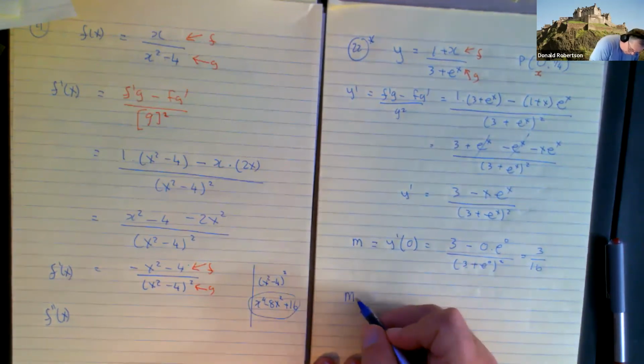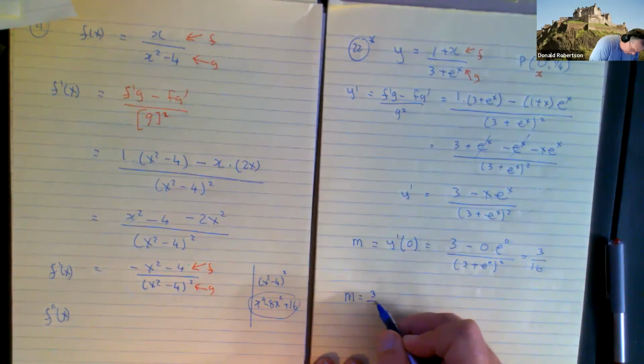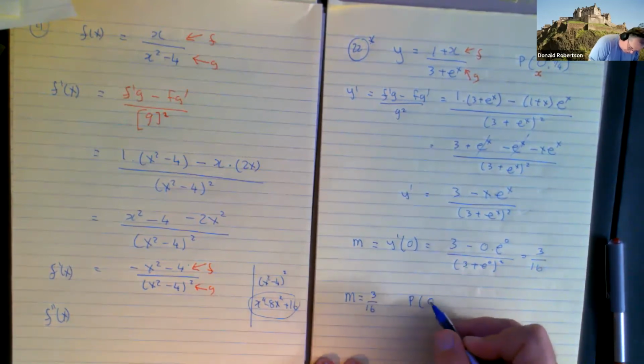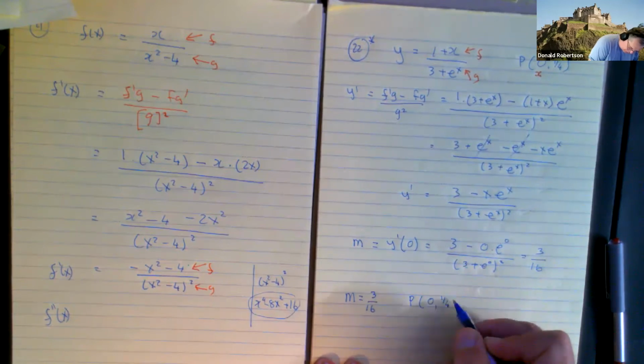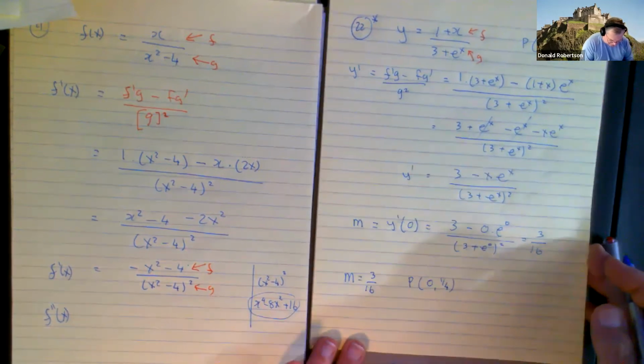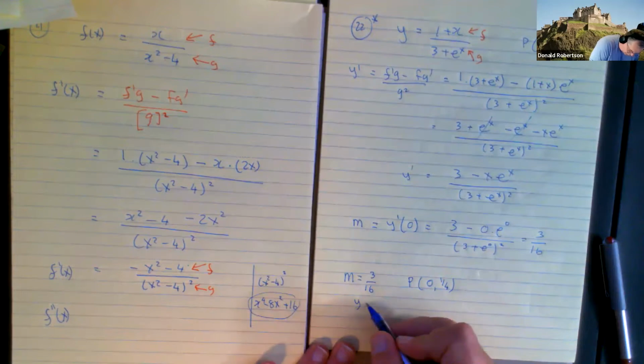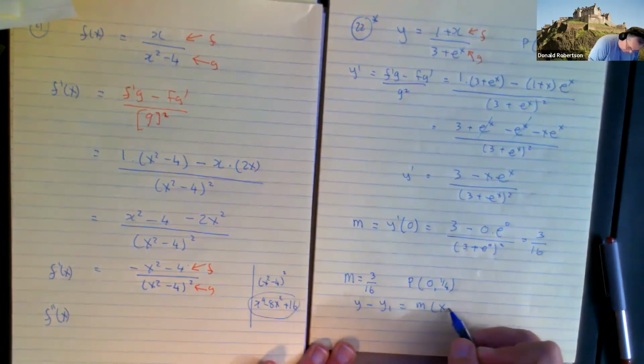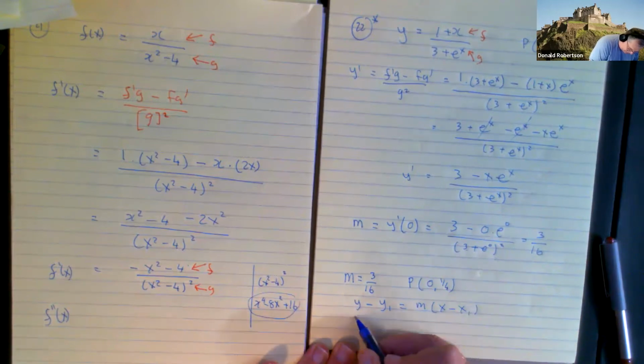So I know the slope of the tangent line is that guy, and I know the point that the tangent line is going to pass through is that guy. So I can use the point slope equation to find the equation of the tangent line. What's that going to be?